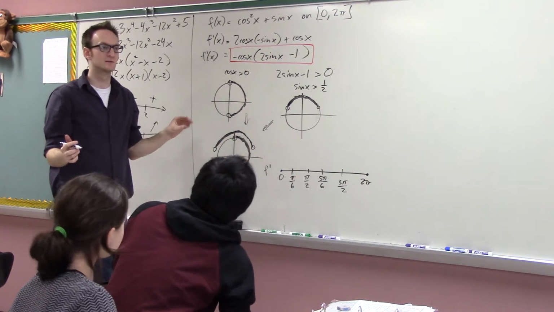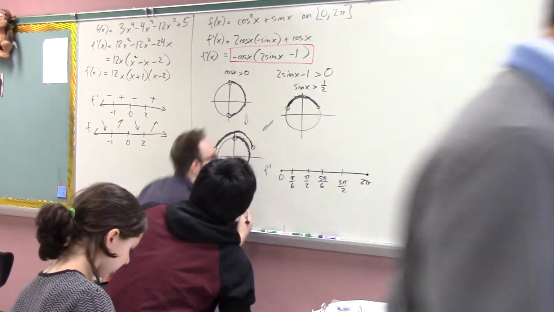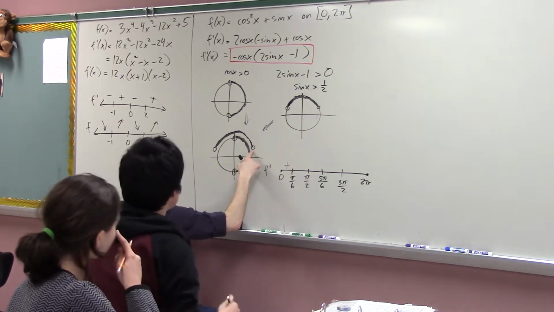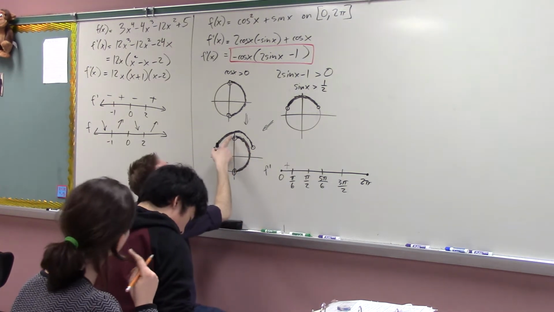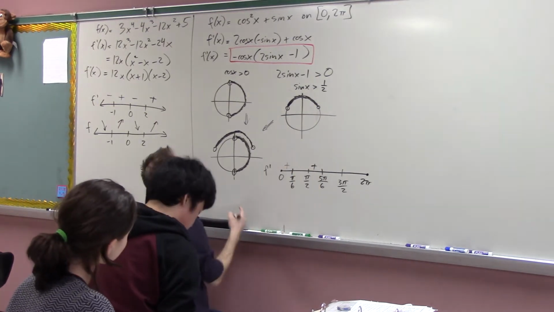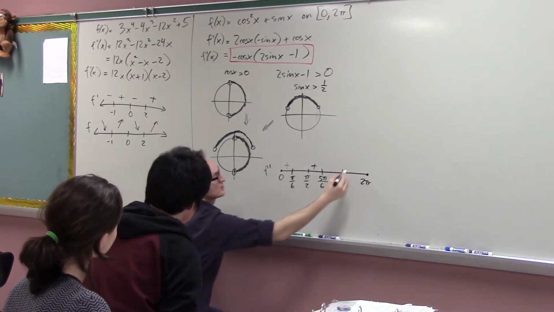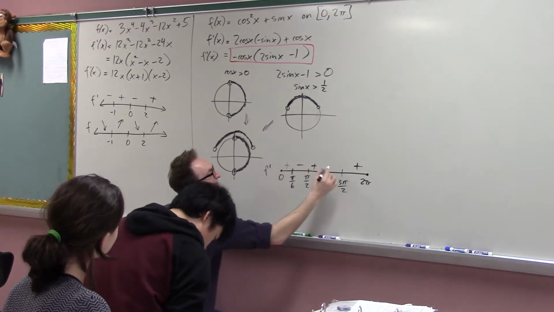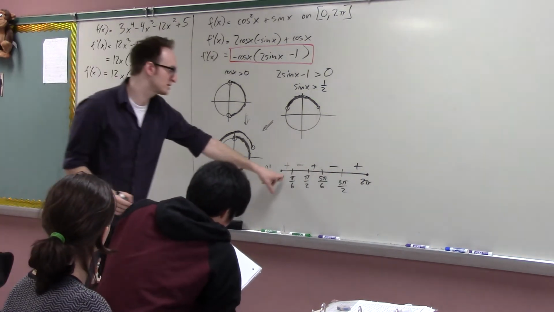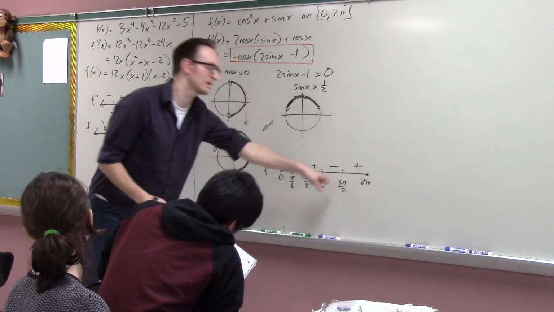You following this? So the derivative will be positive when one is shaded and one isn't. That's here from 0 to pi over 6, here from pi over 2 to 5 pi over 6, and here from 3 pi over 2 to 2 pi. So it must be negative here and here. So I know my function is increasing here, here, and here, and decreasing here and here.